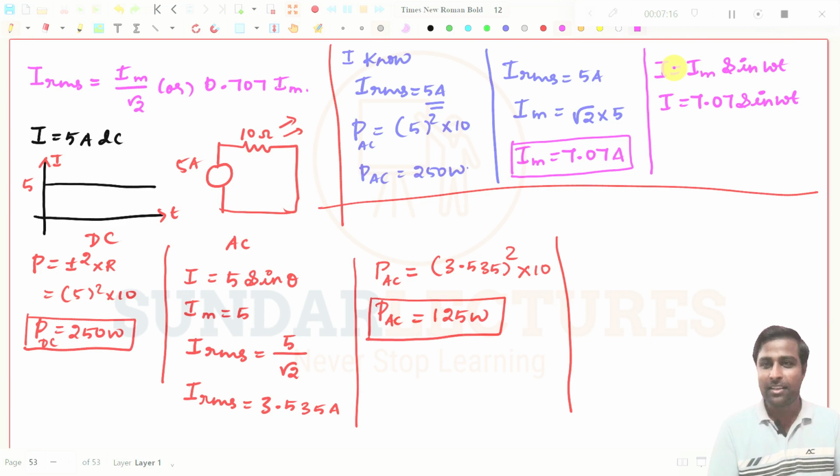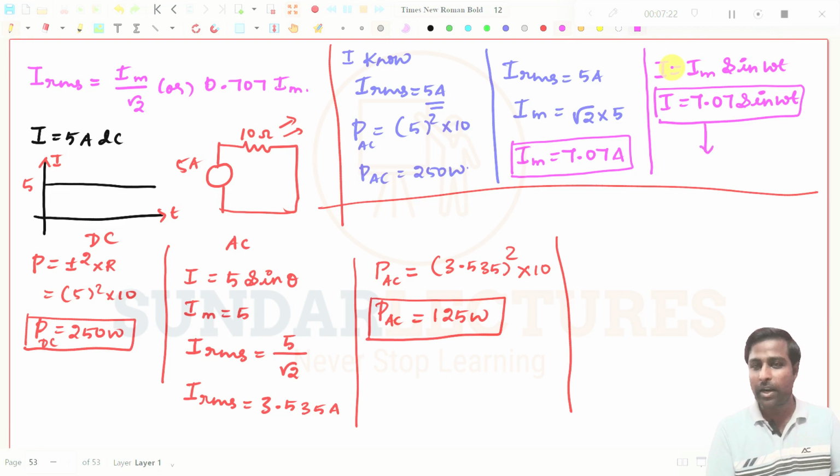This has to be the value to produce PAC for a 10 ohms resistor. If this current value is connected to a 10 ohms resistor, then it will produce 250 watts of power dissipation.